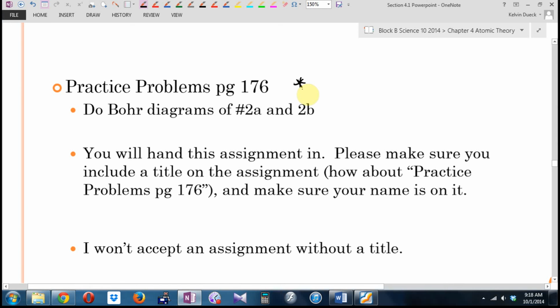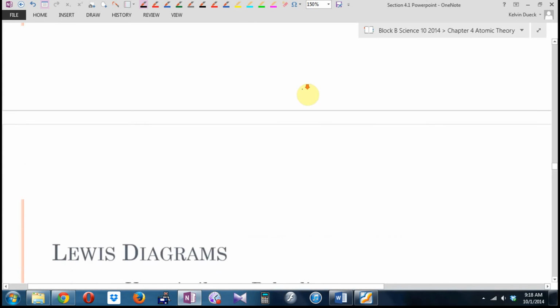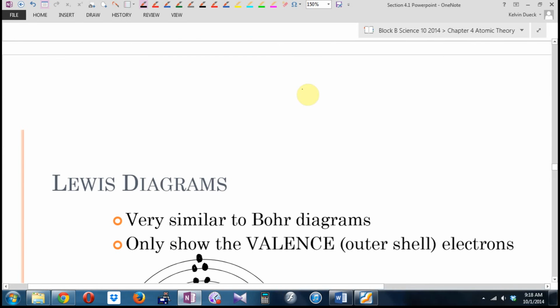And you're going to hand that in next class or the class after. Make sure you put a title. How about practice problems, page 176? Make sure your name is on it. If you just hand in a piece of paper with some scrawls, I won't accept it. It's got to have a title and it's got to have your name. Okay? Let's keep going, though, because I want to show you the much nicer diagram.